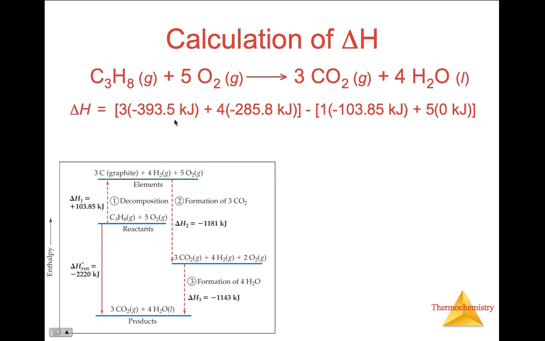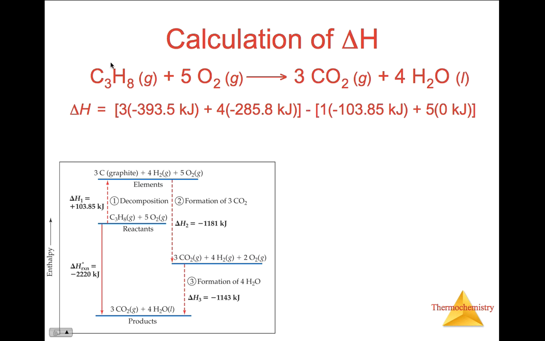For example, if we had this reaction with the combustion of propane, we would take the products, water and carbon dioxide, and look up their enthalpies of formation. This is carbon dioxide, and this is water. Notice there's a 4 here because there's a 4 in front of the water, a 3 here because there's a 3 in front of the carbon dioxide, and subtract it from the reactants.